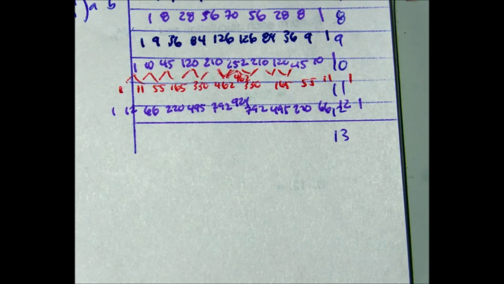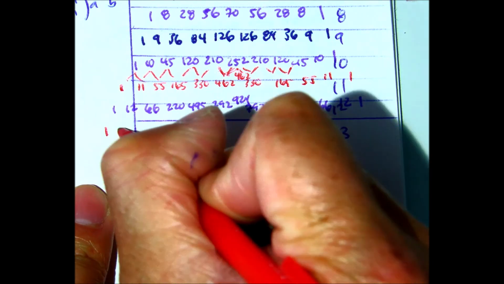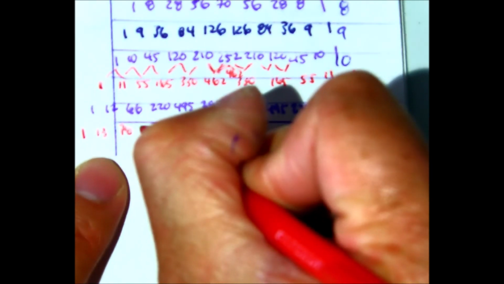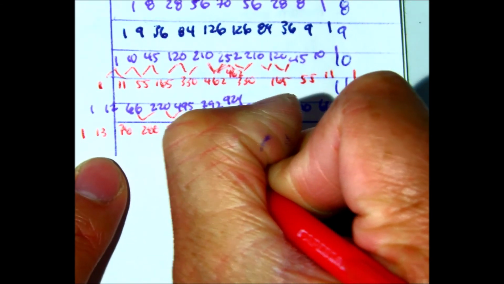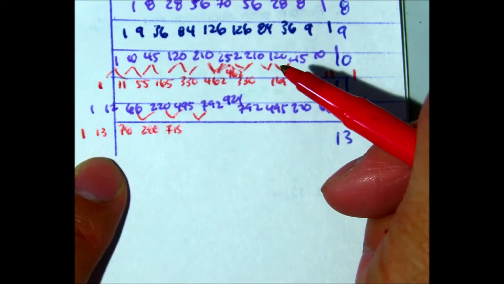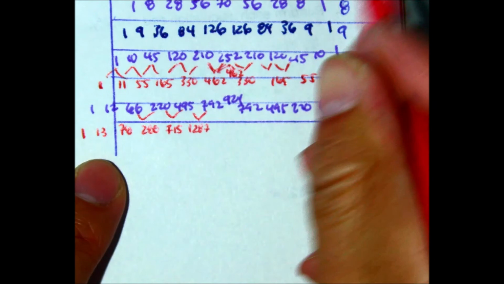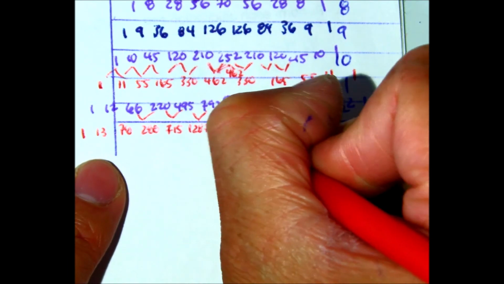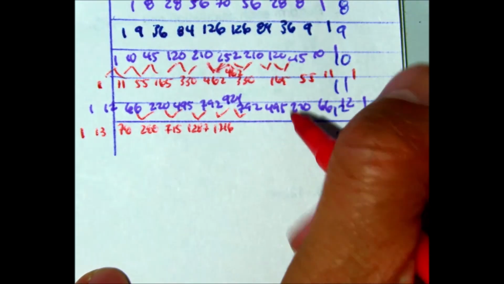Jesse. 1 and 13. 78. 286. 715. 1,287. 1,716. Keep going. 1,716 again.